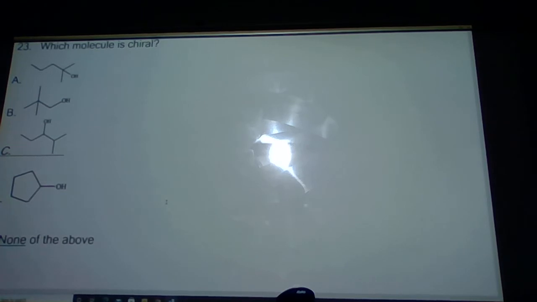Since we're looking at skeletal models, carbon, carbon, carbon, carbon. There's 2 hydrogens here, 2 hydrogens there, 2 hydrogens there, 2 hydrogens there. None of these carbons are chiral because none of these carbons have 4 different things attached to it.